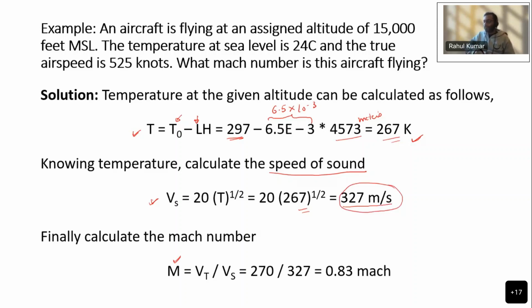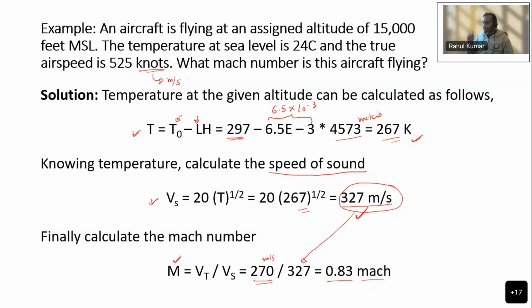The true speed, which we have already converted from knots into meters per second, comes out to be 270 meters per second. And Vs, we have just calculated, so we can use that value. The Mach number comes out to be 0.83 Mach.